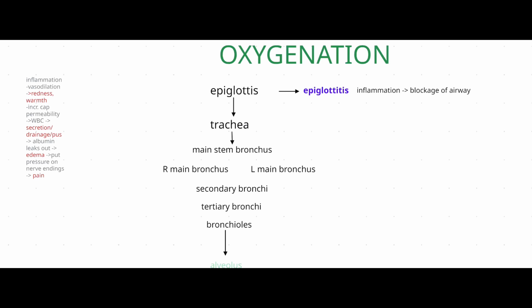So then what is being blocked? Air, right? Blocks air, obviously blocking O2 from going into the respiratory system. Now, if there's so much inflammation, it not only will block air, what is the structure that's right next to the trachea?